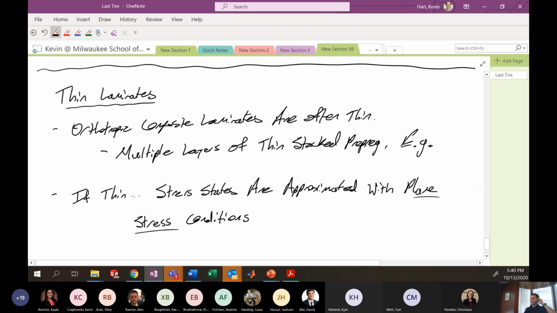We usually abbreviate this as PL sigma with a squiggly under it.